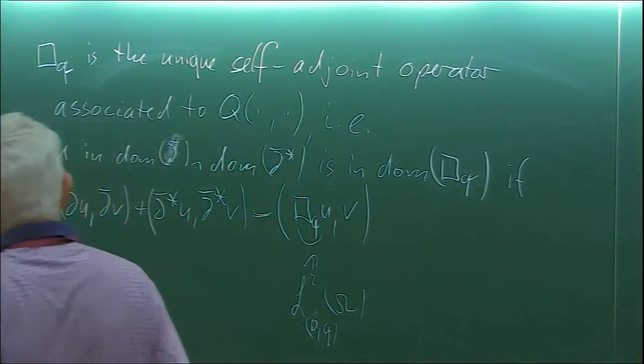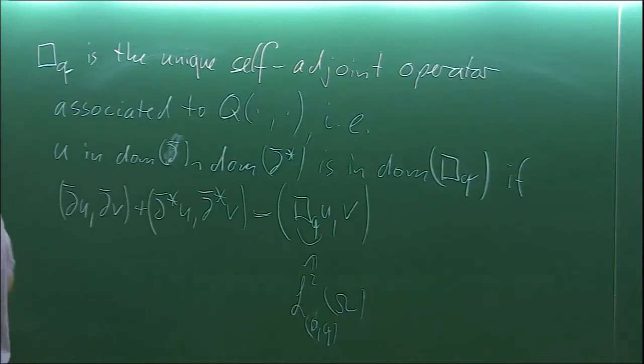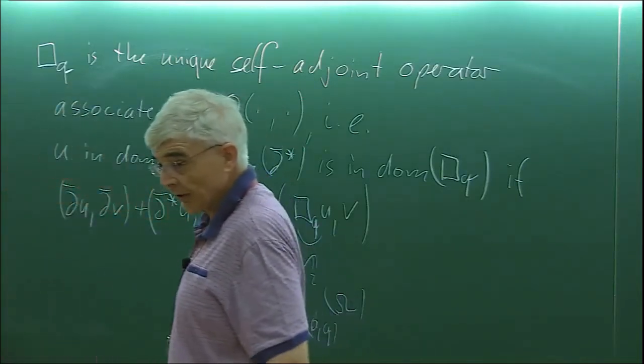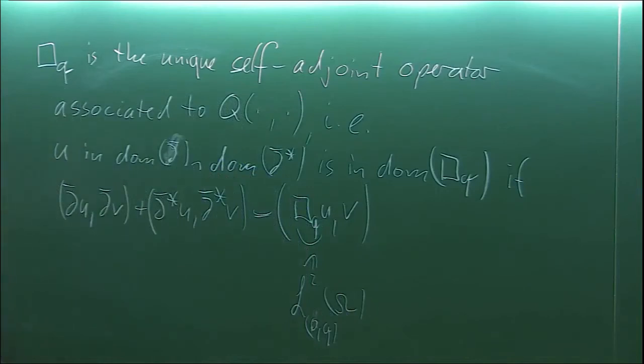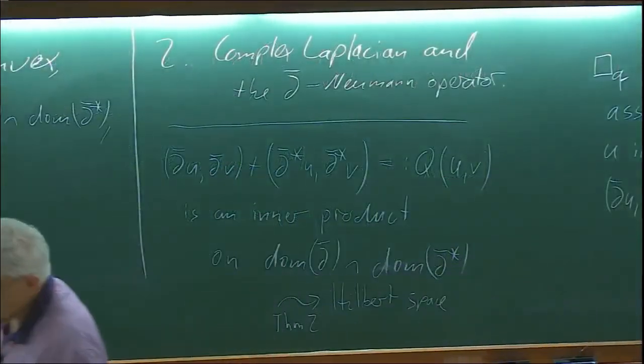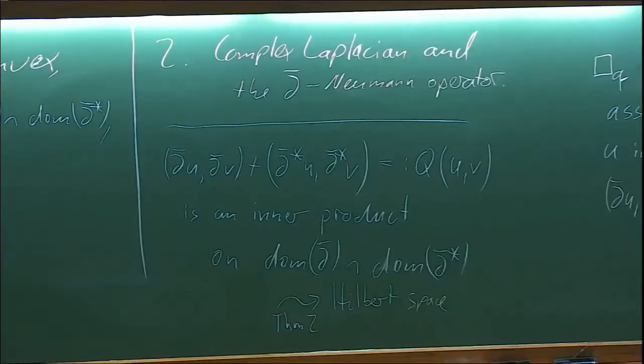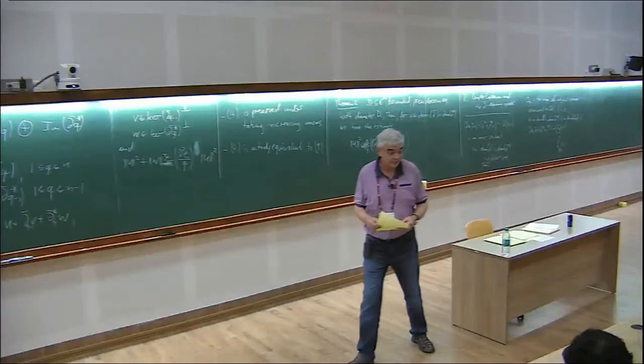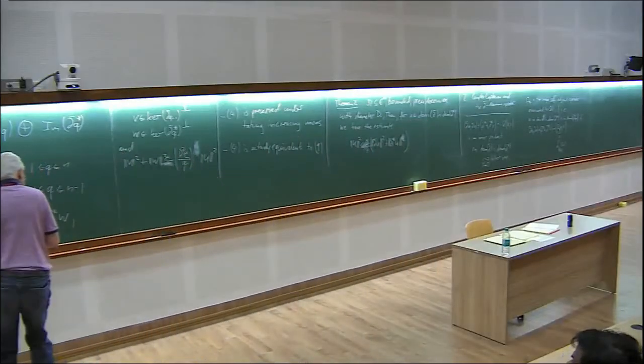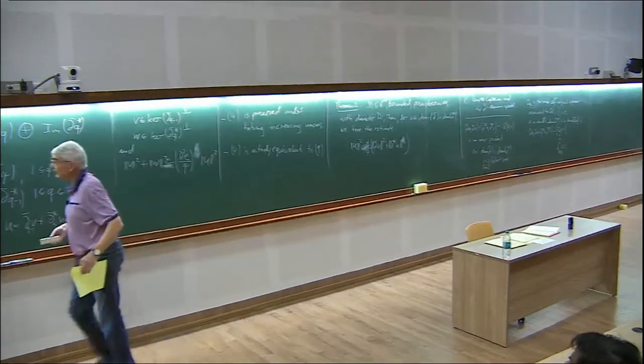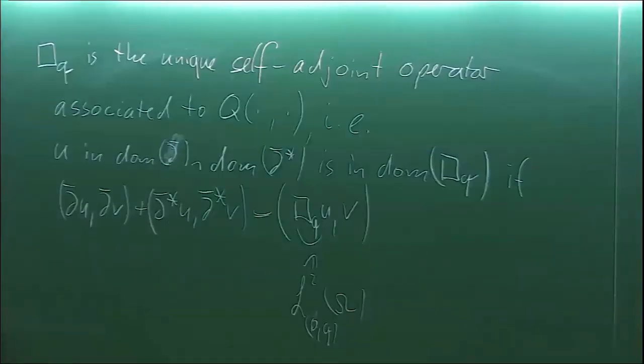So there's a whole abstract theory of how you associate a self-adjoint operator to a Hermitian form. There are some conditions on the form, but this is all satisfied here. That's all fine, but it's a little bit unsatisfactory because it doesn't tell you concretely what box Q is. In other words, if U is in the domain of box Q, how do you compute box QU? But this can be remedied. It's not hard to give an explicit description.